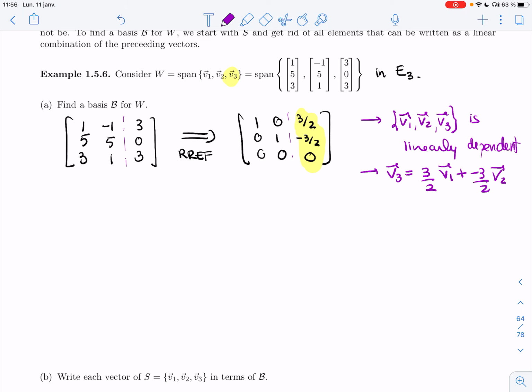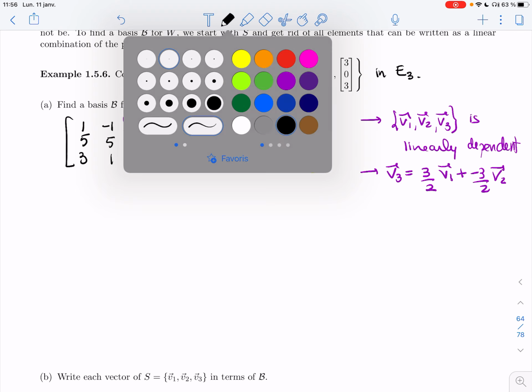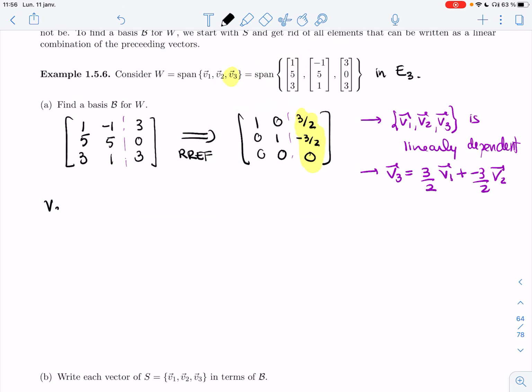So that tells us that V3 is redundant, since I can write it as a linear combination.